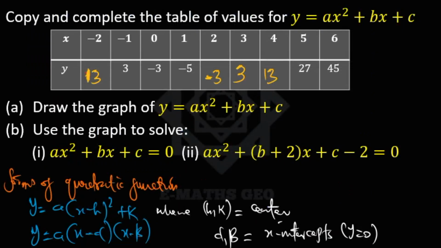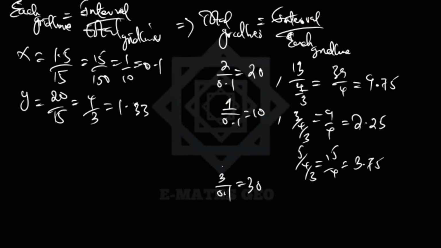Now for 5 and 27. 5 will be 50, and let's check 27 for y. I have 27 over 4 over 3, which is 27 times 3 is 81 over 4, so that's 20.25.